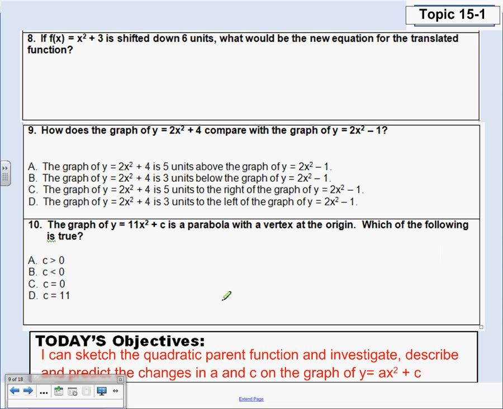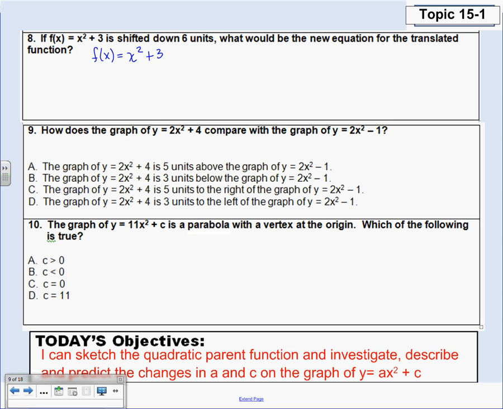Number 8, we have f of x is x squared plus 3, and it is shifted down 6 units. What would the new equation be for the translated function? There's a couple ways that you can do this. One is algebraically, so I'm going to show algebraically, and then I will also show how to do it by sketching a picture, and then you can decide which one works best for you.